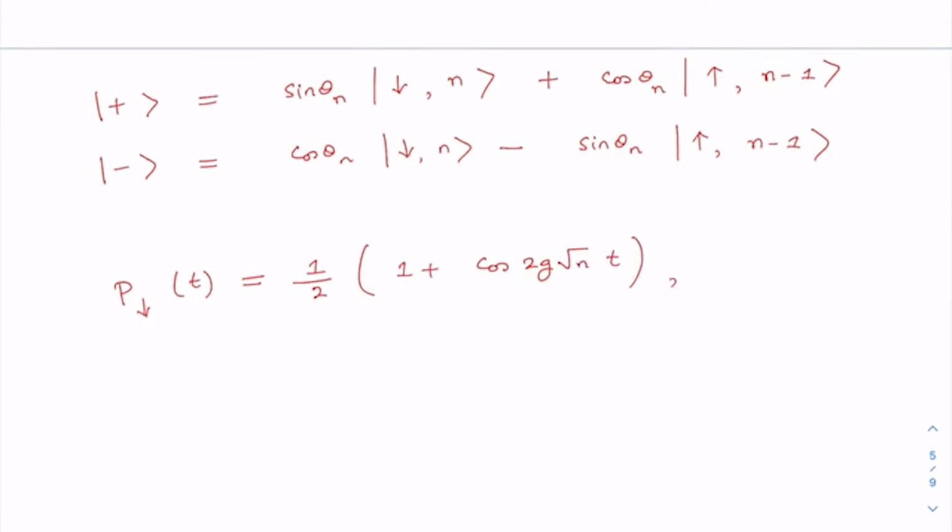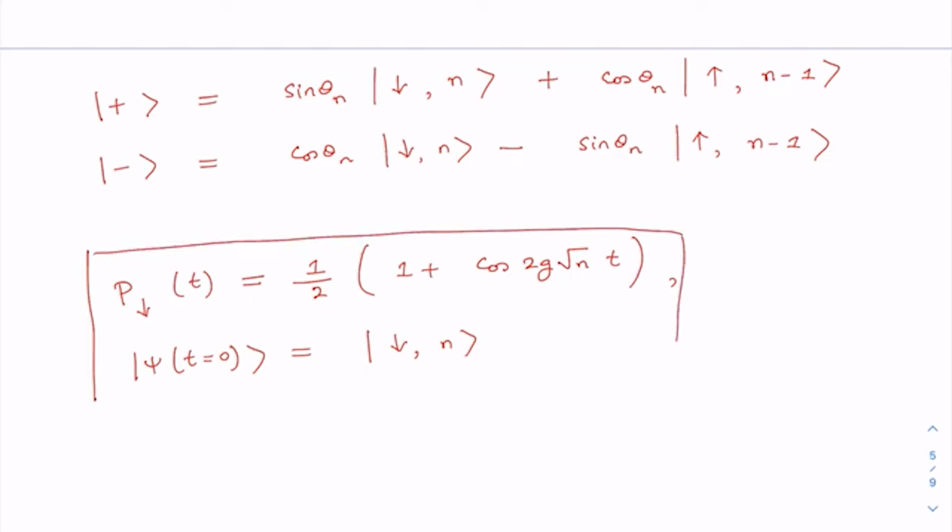When we started from the initial state at time t equal to 0, the atom was assumed to be in the ground state and there are n photons in the field mode, then this expression we obtained in lecture 16.